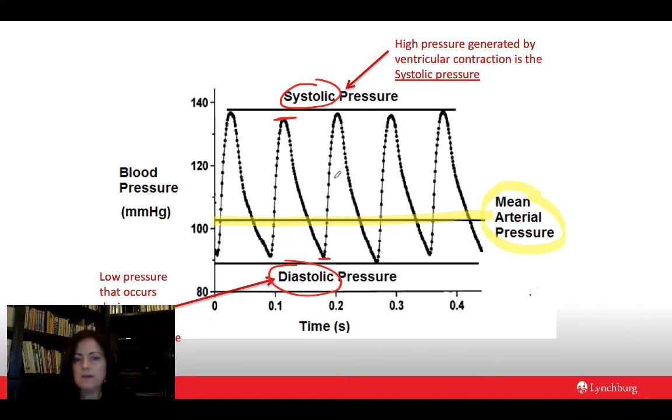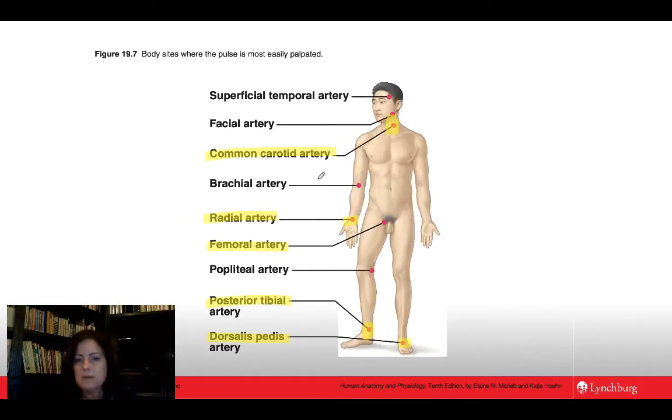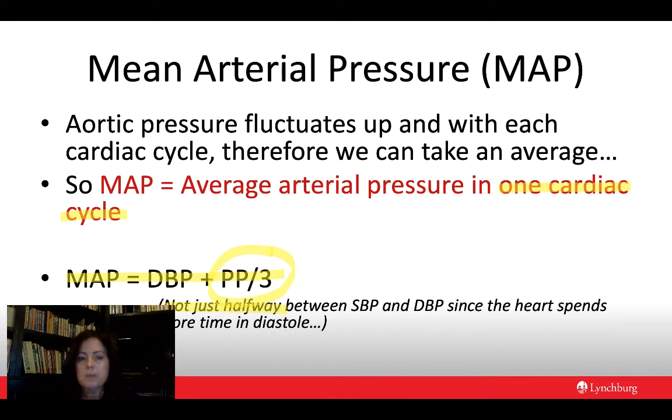That's because our heart actually spends more time in diastole. So it spends more time in rest than it does contracting. And so our mean arterial pressure is biased a little bit towards the diastolic pressure, which brings it down. It's not halfway in between the two because our heart spends more time in diastole, and that's why we see a difference there.